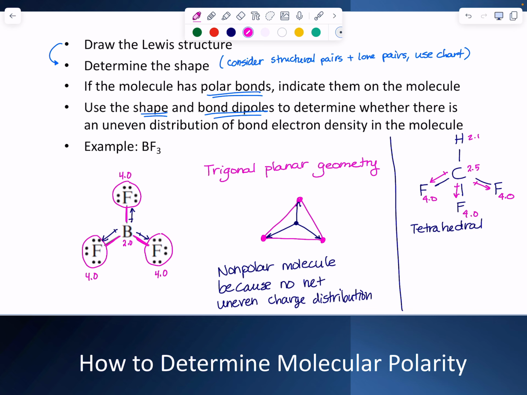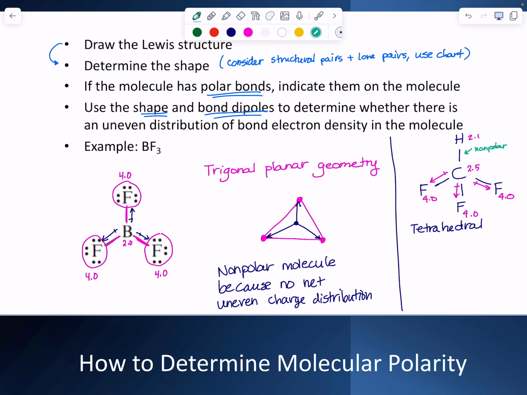So there's our bond dipoles. And then if I look at my carbon-hydrogen bond, we typically think of carbon-hydrogen bonds as nonpolar because the electronegativity values are very close. They're 0.4 apart. That's really close. So we're going to call this a nonpolar bond.